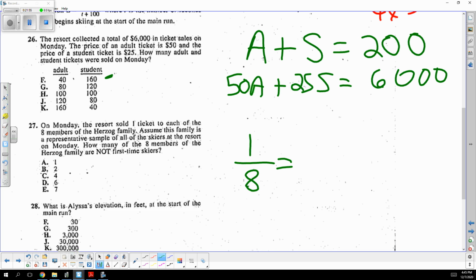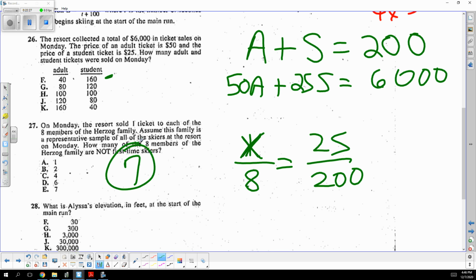I'm sorry, the ratio is 25 to 200, and I was forcing the answer because I did this test earlier in the day. So it's how many is to 8, and the answer is 1. Now, careful, the answer has to be not first-time skiers, so that's 7. So it's how many are not. I blew it. I looked at the answer earlier.